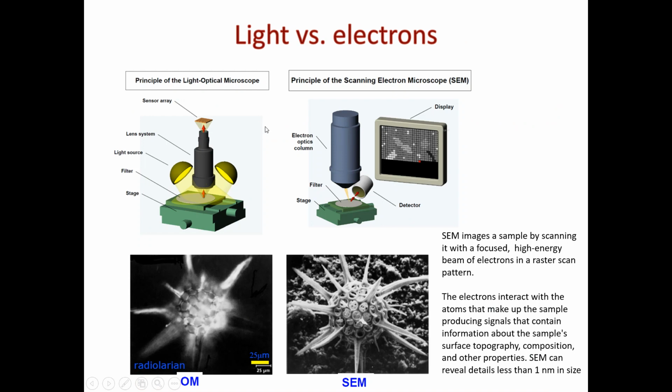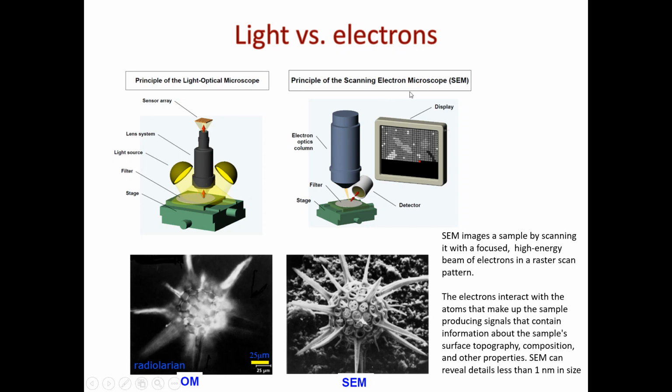Okay? So again, the principle of light is transparency to light. Light has to go through, and I have some examples floating around. The principle of an electron microscope is that you shoot a beam, and then it scatters, and you're recording that scatter.